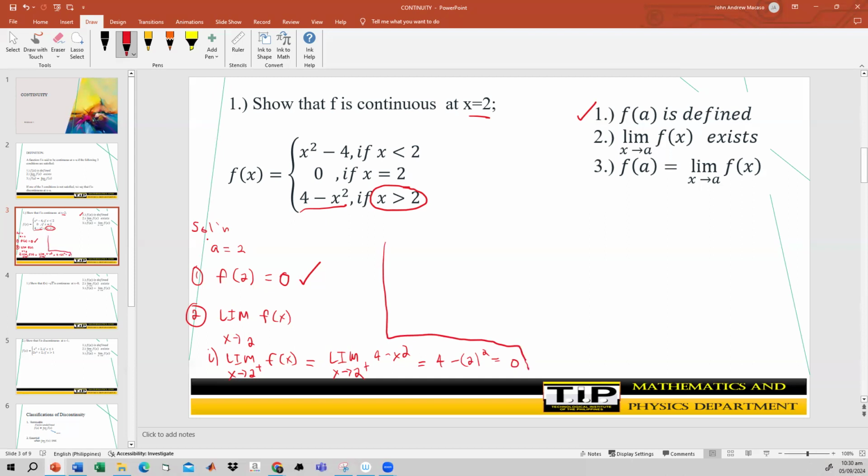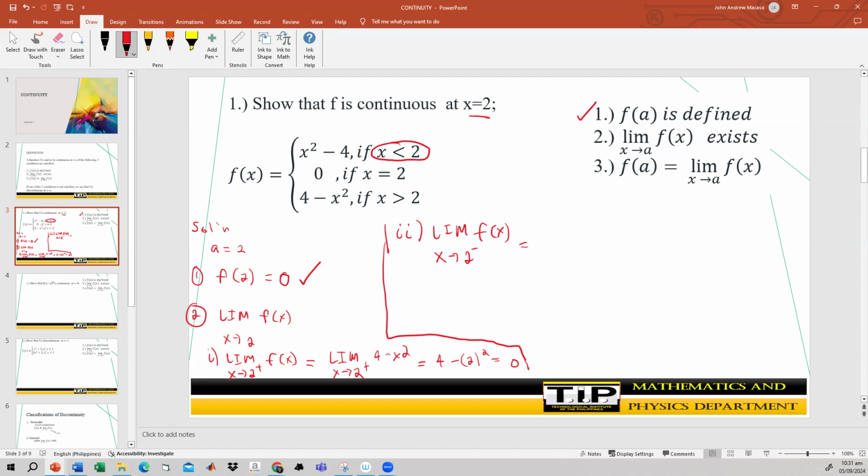Okay, so let's now find the left side limit: the limit of f of x as x approaches 2 from the left. What will be the inequality that satisfies this left side limit? Of course, the first inequality, because this represents x is less than 2.